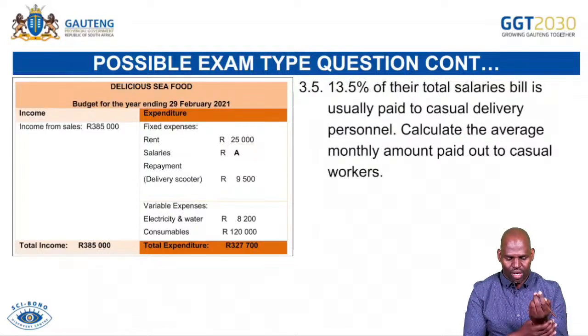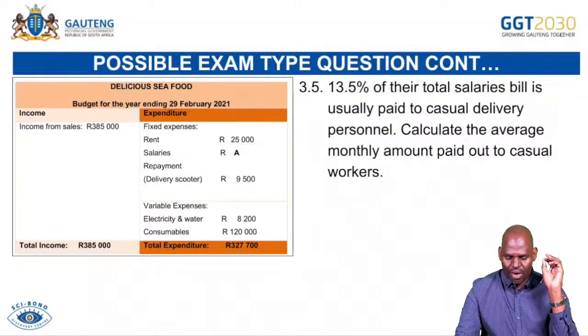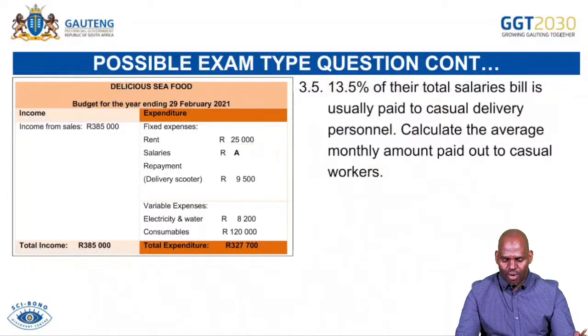Okay, then 3.5, 13.5% of their total salary bill is usually paid to casual delivery personnel. Calculate the average monthly amount paid out to casual workers.